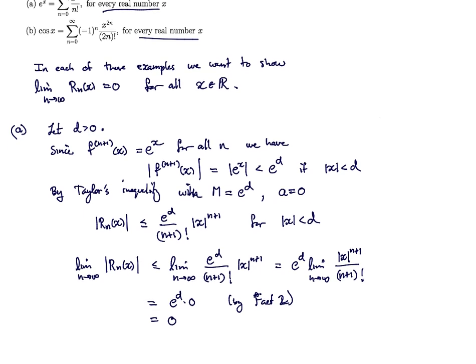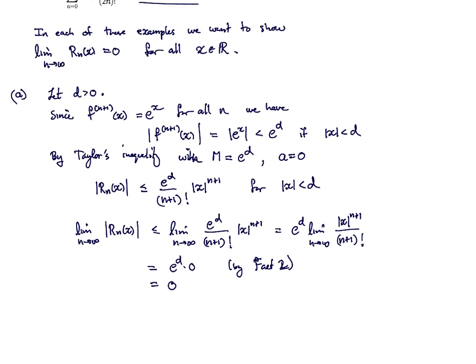And so what we found is that the limit as n goes to infinity of the remainder is 0 for x values smaller than d in magnitude. But, and here's the interesting part, d was any arbitrary number. We didn't specify what it was, we just said it was some number bigger than 0.